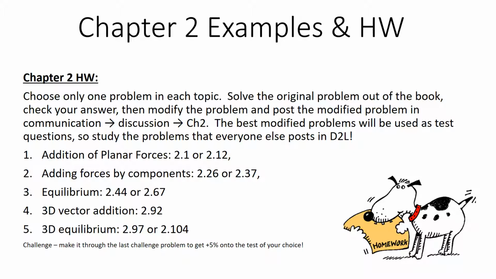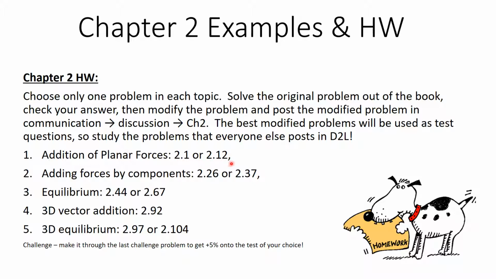So that concludes our example of what solving a problem looks like and what modifying that problem and thinking through a few other scenarios and a little bit more deeply about the solution looks like. Once again, for your homework, out of each section, you will first solve just one of these problems. So don't make more work on yourself than you need.